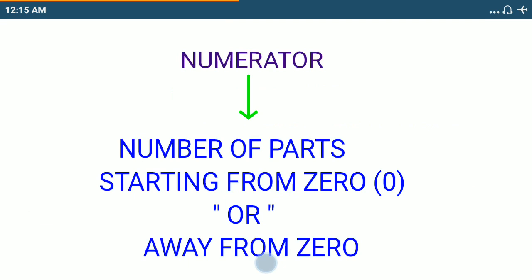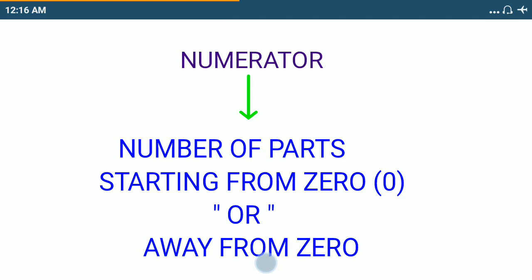Students, now we move to the numerator. But what does the numerator tell us? It tells us the number of parts starting from 0, or we can simply say the number of parts away from 0 at which the number exists.